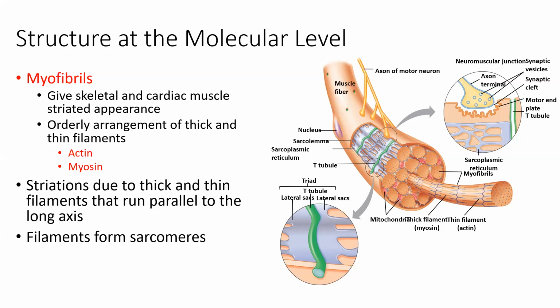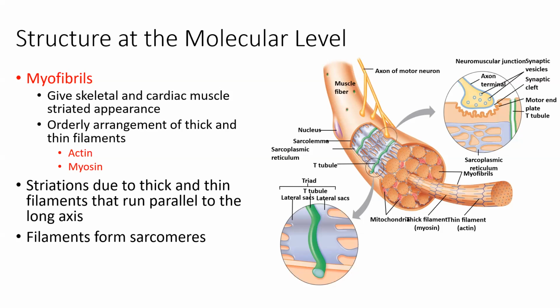Although cardiac muscle, again, is not innervated voluntarily, we still have the striations that make it appear sort of elongated, give it that striated appearance. We do not see myofibrils in smooth muscle, hence the term smooth muscle, right? We don't have these striated repeating units or myofibrils in that type of muscle.